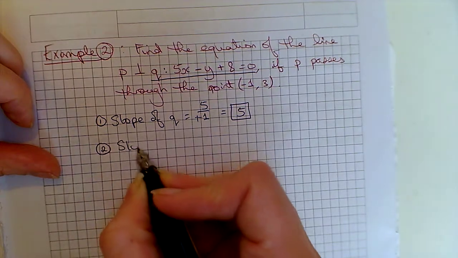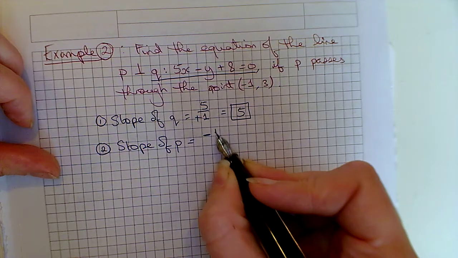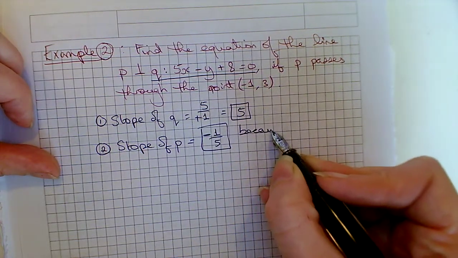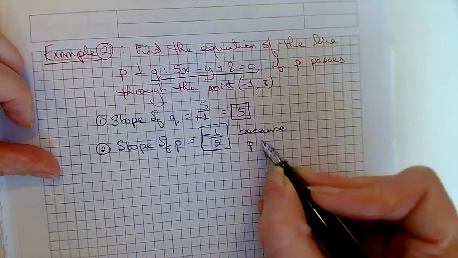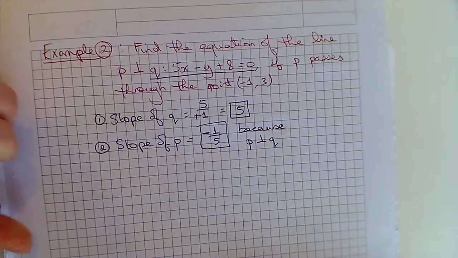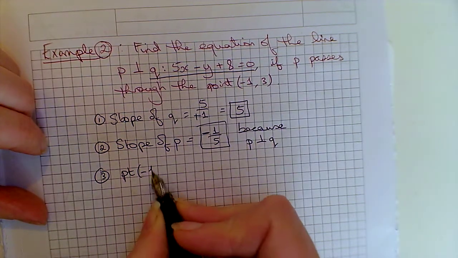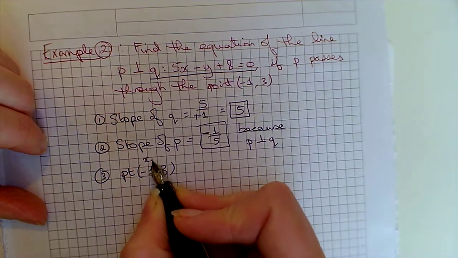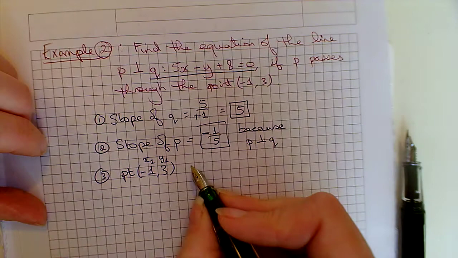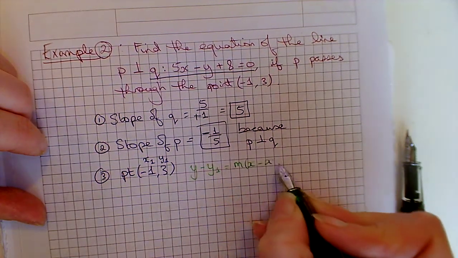Then I can write down the slope of P, which will be minus a fifth, because P is perpendicular to Q. So I turn it upside down and change the sign. And then I use my point, (minus 1, 3), as x1, y1, in the formula y minus y1 equals m by x minus x1.